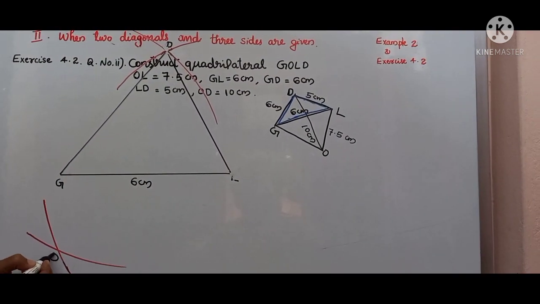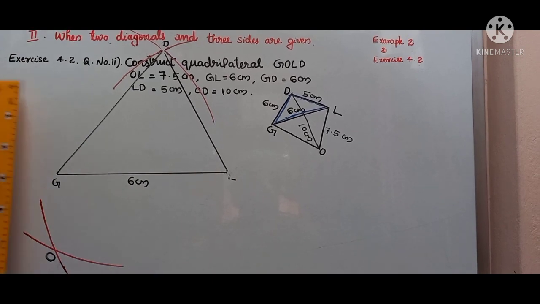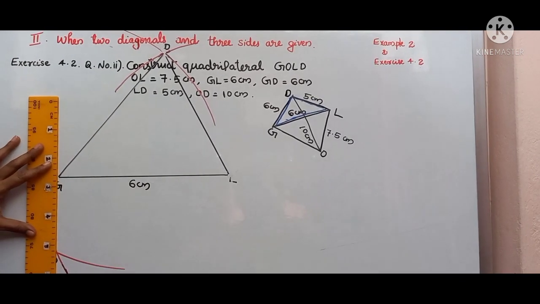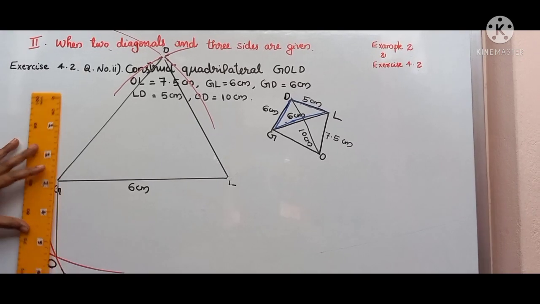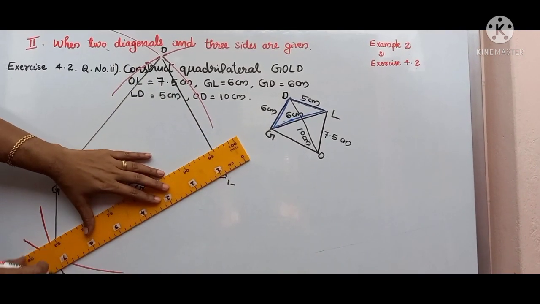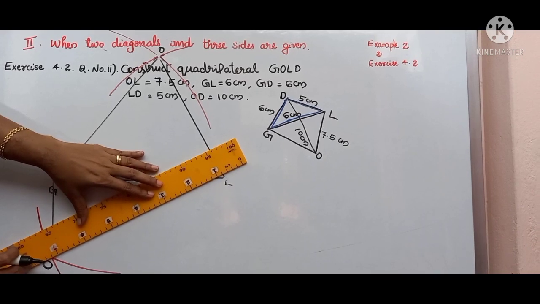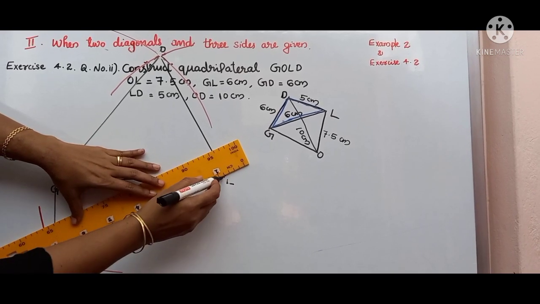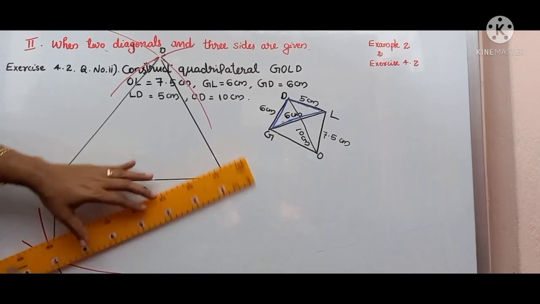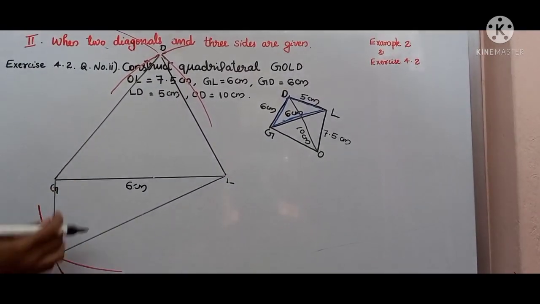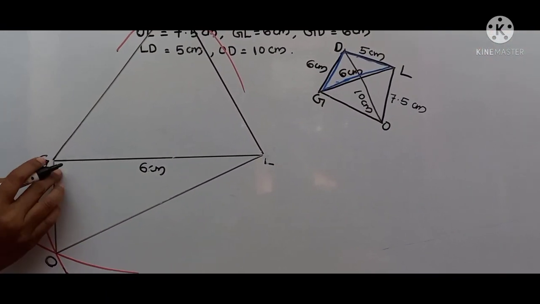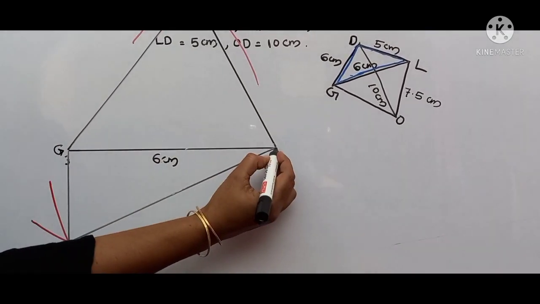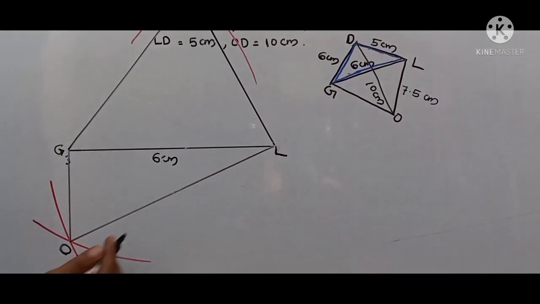Mark that point O here and join with the G. GO, we have to draw that line GO and LO. Now this is the required quadrilateral GOLD, and we have to write the measurements here.